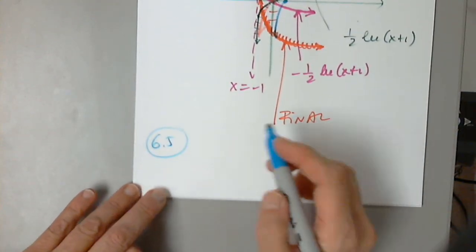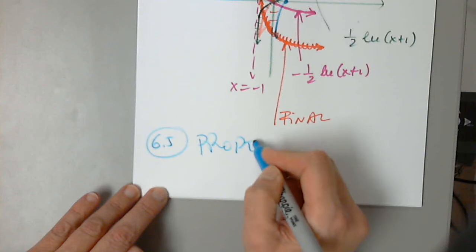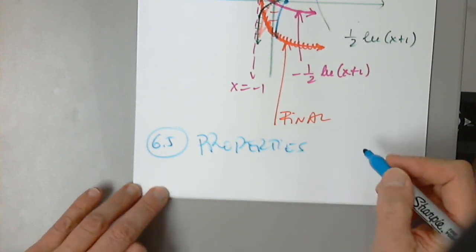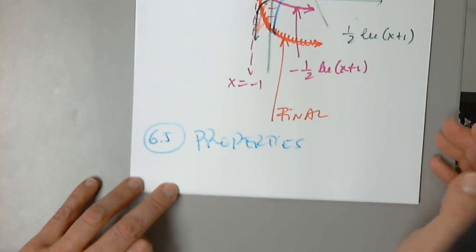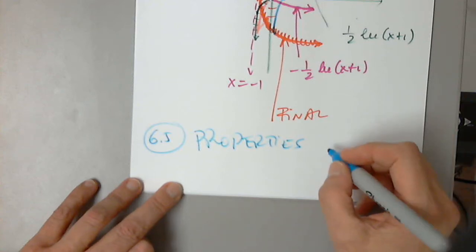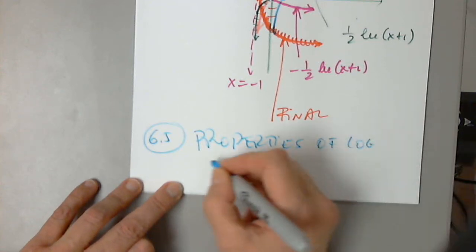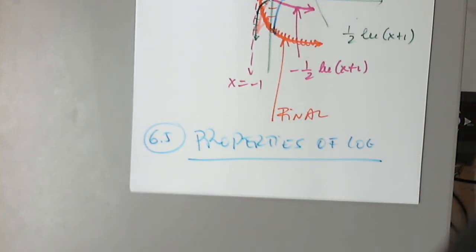We listed them last week, but we didn't get the chance to work on any problems. There are three properties only this function has, no other function. Log of a product, log of a ratio, and log of a power.